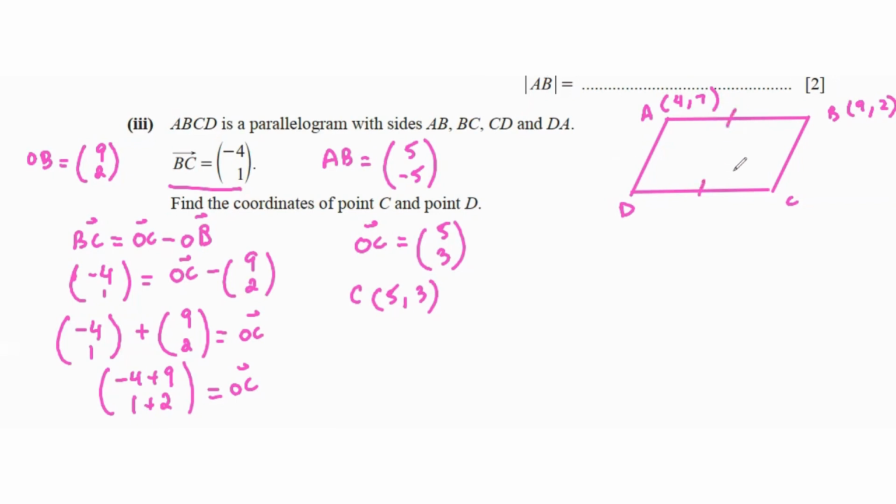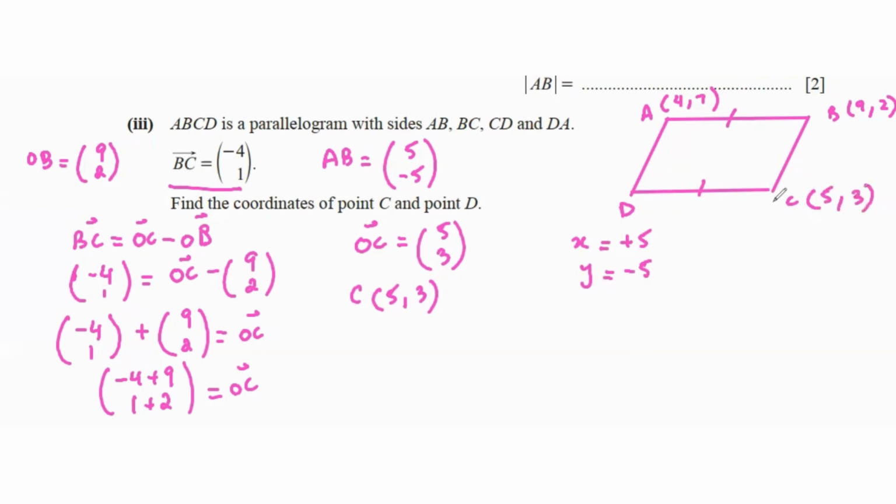Because in parallelograms, opposite sides are equal. If we compare the x and y coordinates of A and B, between the x coordinates, if you go from 4 to 9, we're adding 5. And if you look at the y coordinates, if you go from 7 to 2, we're subtracting 5. So C we found as 5, 3.